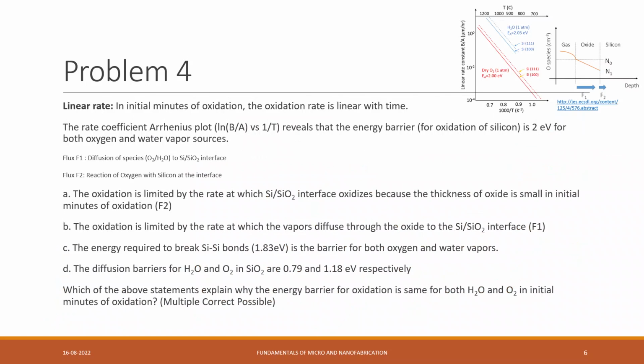So we have two methods of oxidation, dry and wet, and in both the energy barrier is the same, 2 electron volt. You have to tell which of the following statements is the proper reason for the same energy barrier for oxygen and water vapor. This is a multiple correct question, so you can check all the statements.